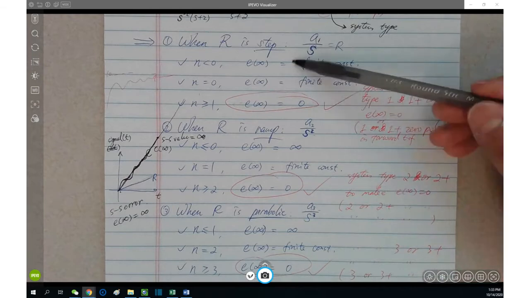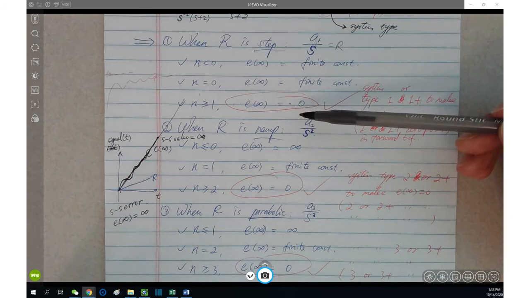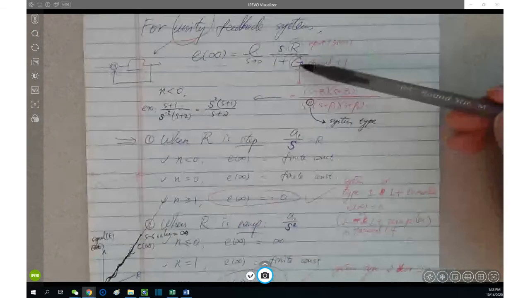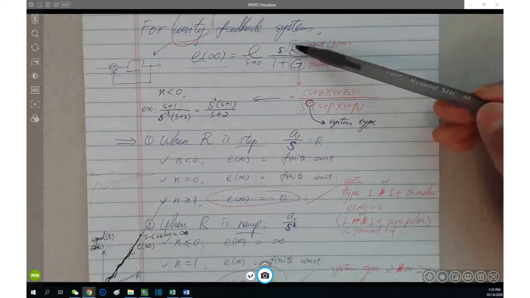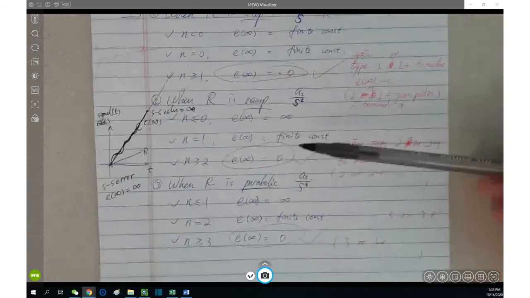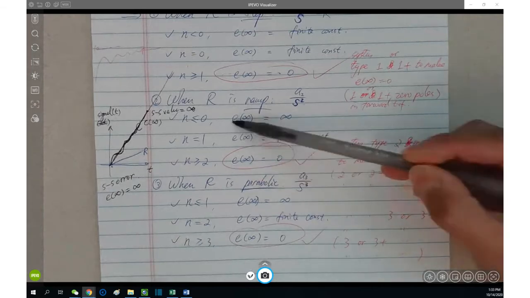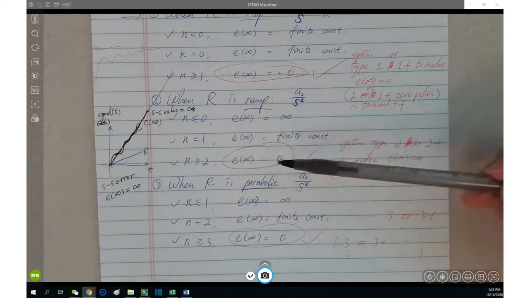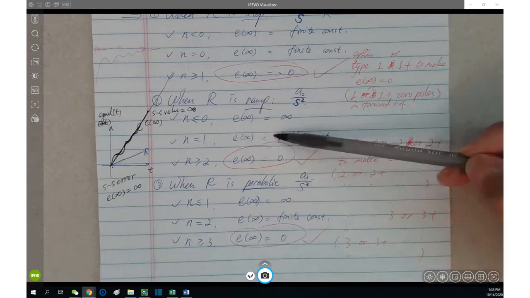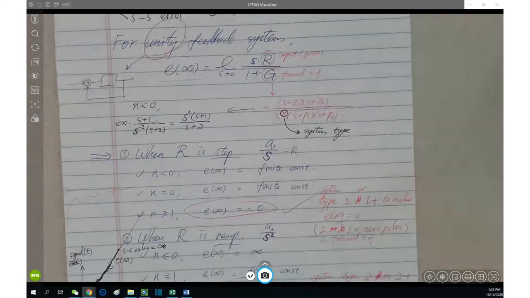For system type 1, you directly give a 0, with no calculation. For the other case, you need to substitute R by the step and find the limit. Obviously in the two outer cases you get the result without calculation, but for the middle case you need to substitute the ramp into R to find that so-called finite constant.